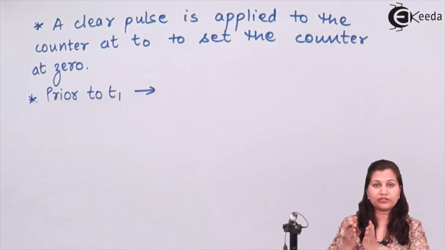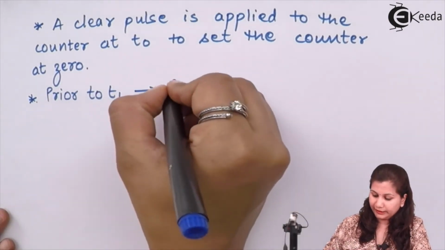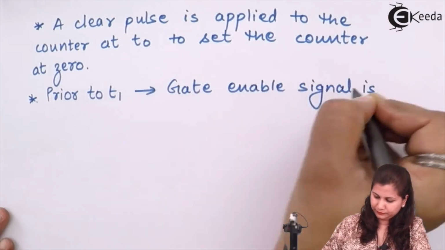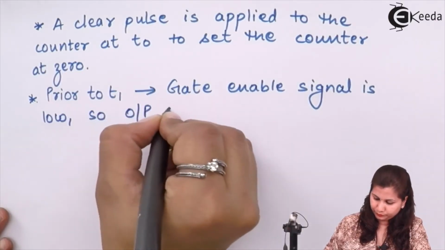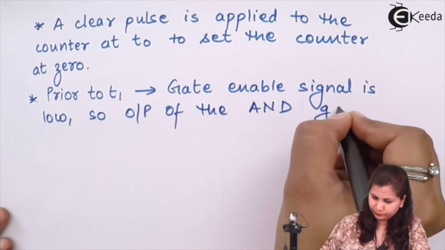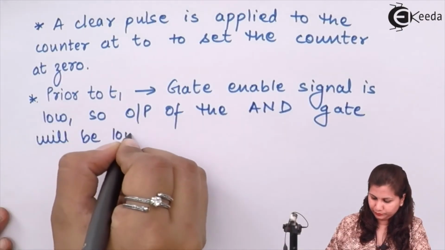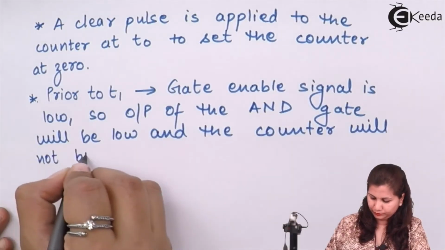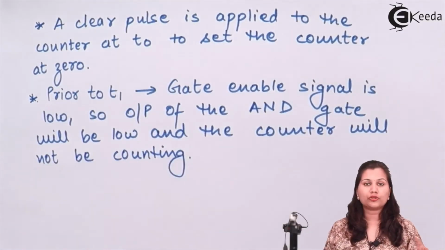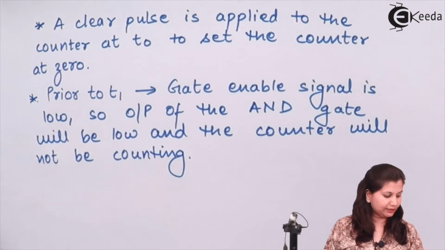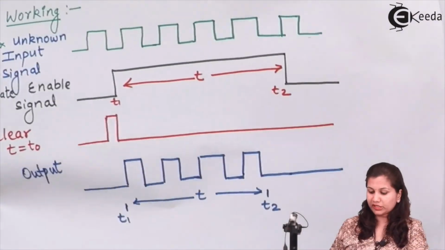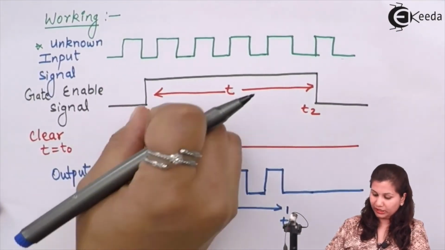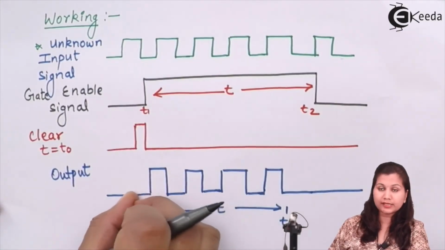Prior to T1, just before the time T1, the gate enable signal is low, because the gate is not enabled, so the output of the AND gate will be low. You can see here that just before T1 the output is low.